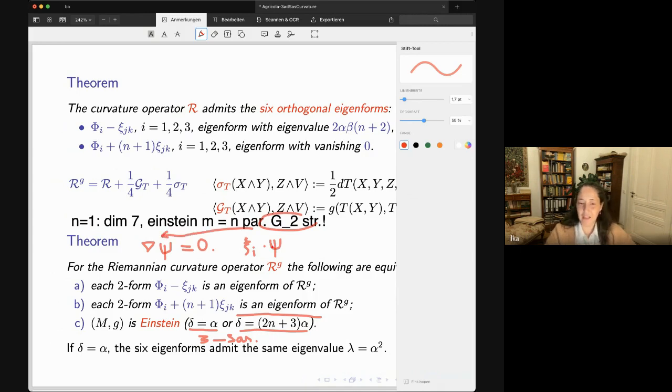Now you define three new spinors by taking the Clifford product of the Reeb vector fields with psi. And these three spinors are Killing spinors.